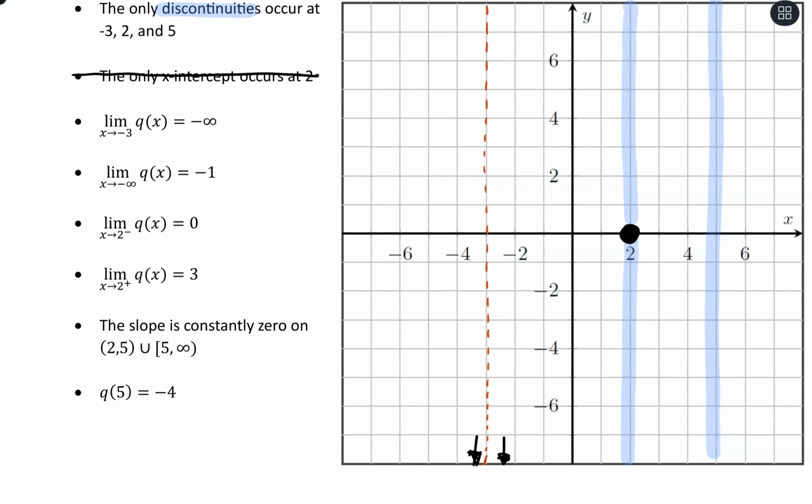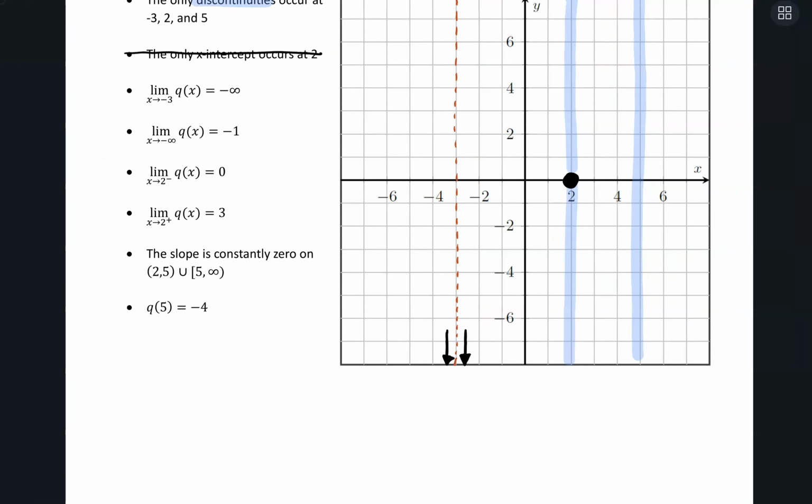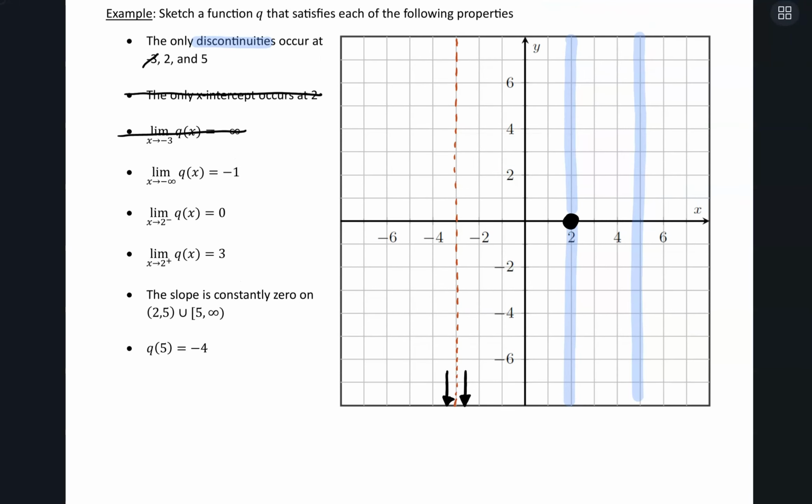And then in terms of graphing a function, I'm going to make this a little nicer. I know we're going off to negative infinity on both sides. We'll see where we go from there, but I know I have that happening on either side of -3. So that actually takes care of that one. And we found our discontinuity at x equals -3.